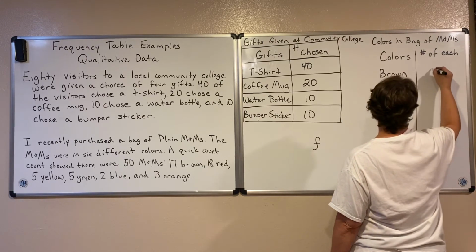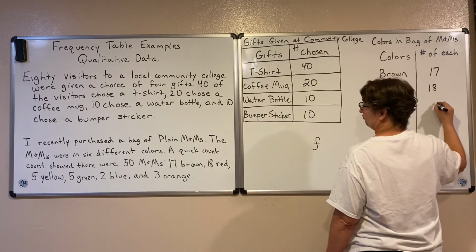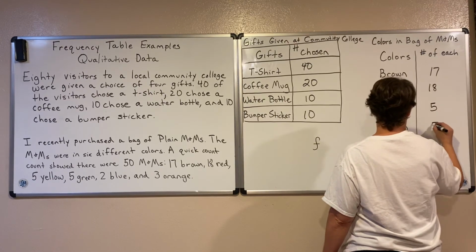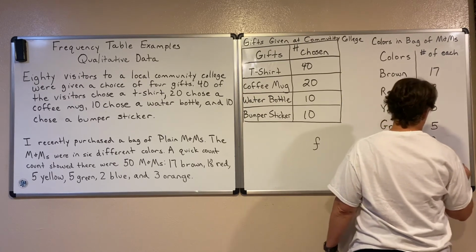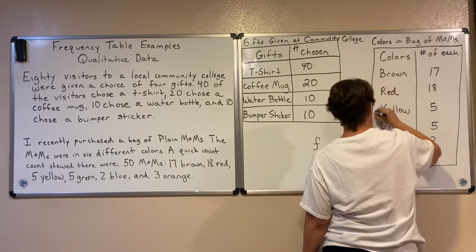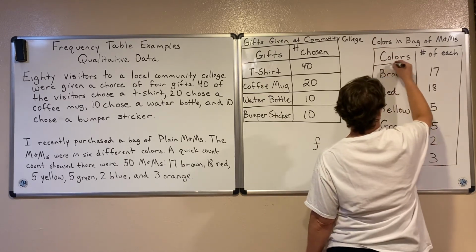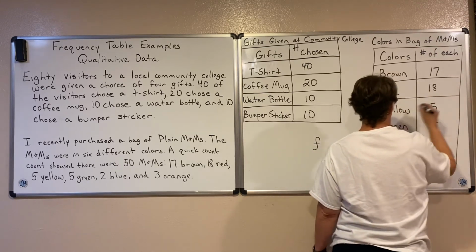So brown, there are 17. Red, there are 18. Yellow, there were 5. Green, there were 5. Blue, there were 2. And orange, there were 3. And I have created a frequency table that shows the categories on one side and the numbers on the other.